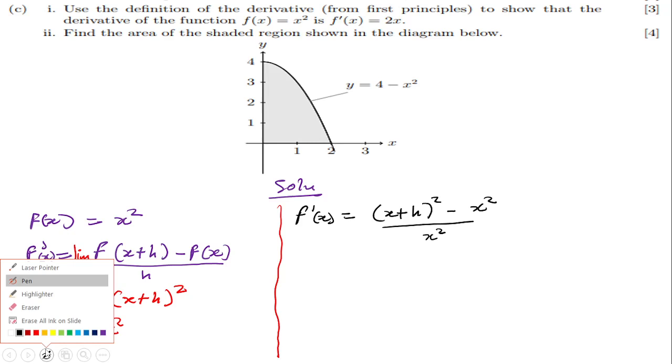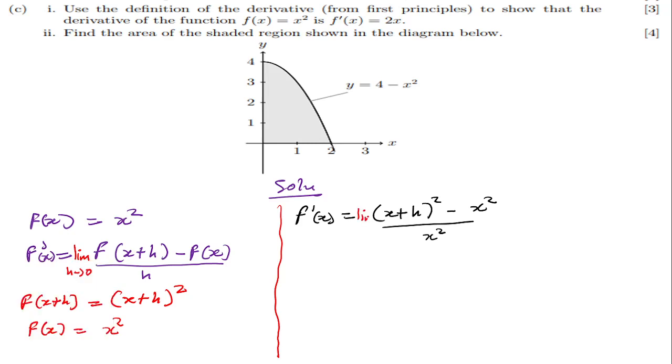Remember that there is a limit which you are supposed to include there. h approaches what? 0. So there is a single mark there. Then the next part, you're going to say limit h approaches 0. You're going to expand. Here there is one mark, ladies and gentlemen. This is 3 marks here.